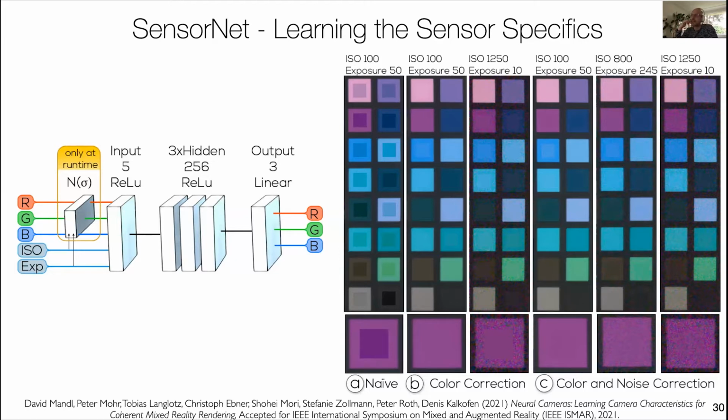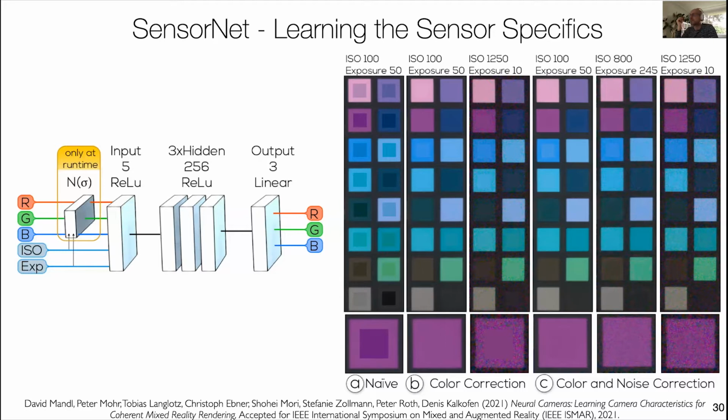But if you do not learn the noise, then at higher ISO settings, here ISO 1250, you would again see the inner rectangles because they don't exhibit the noise.